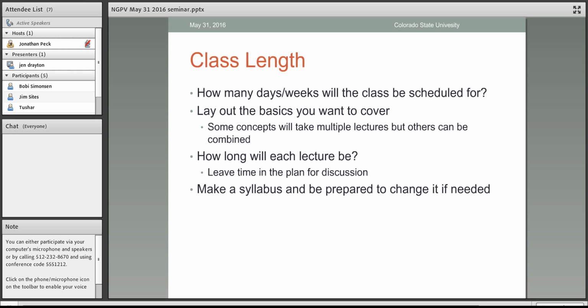And if you want your class to be more focused on the science side and the technology and how it works and why it works, how long do you want to spend on teaching the students about laws and how to install an array and all the things that go along with that.